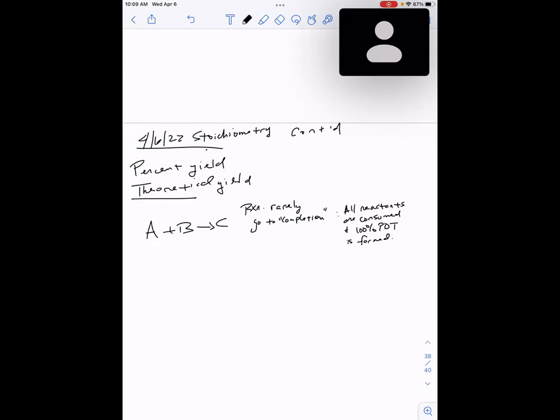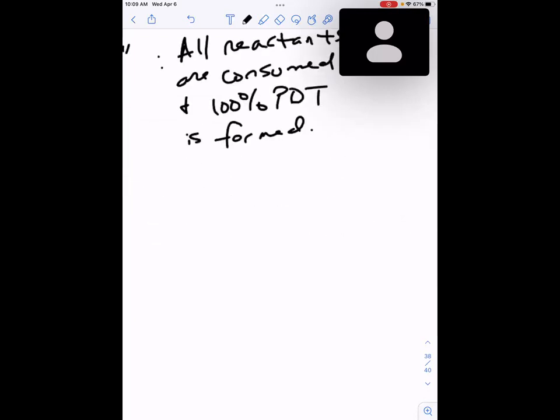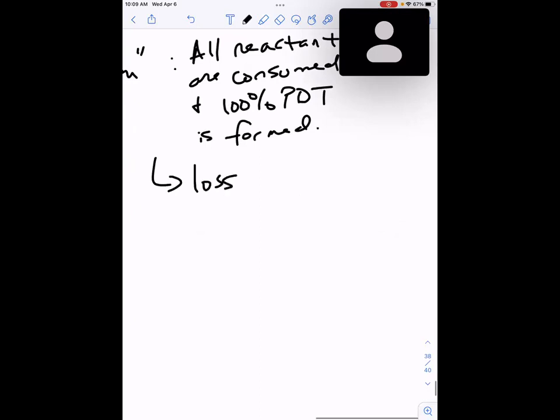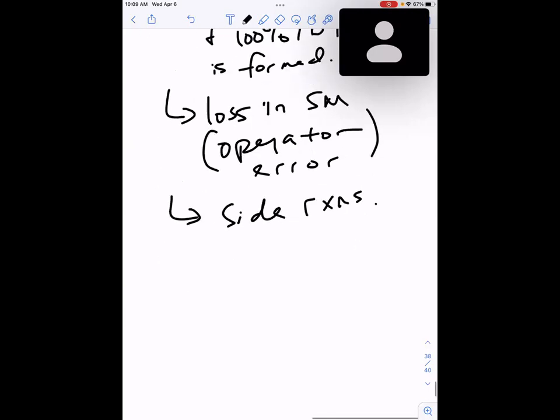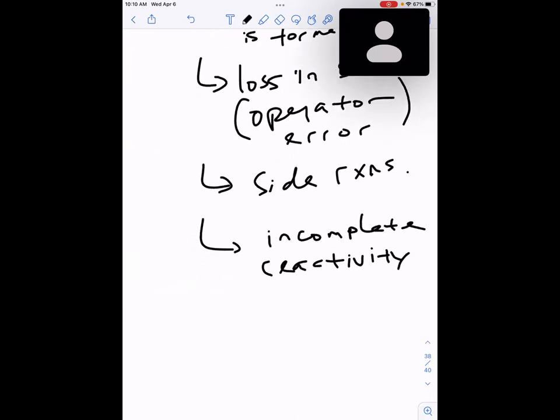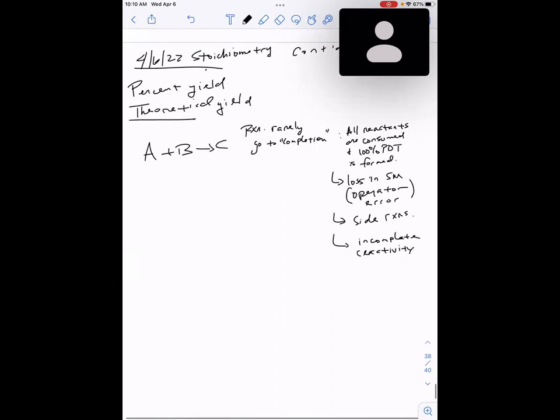You would think when you put these two things together, you should get 100%, but sometimes you have some operator error in the start material. We're going to call it operator error. Sometimes you get side products. Sometimes you get incomplete reactivity. In other words, the start materials react, but they don't necessarily react to completion. So there are a lot of different reasons why you don't get 100% yield.